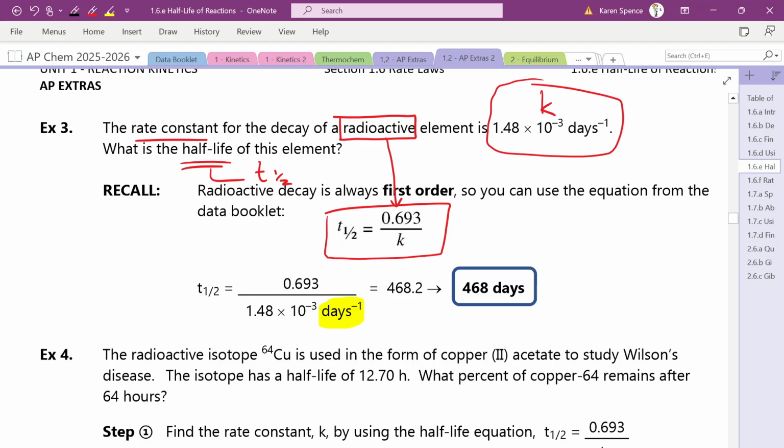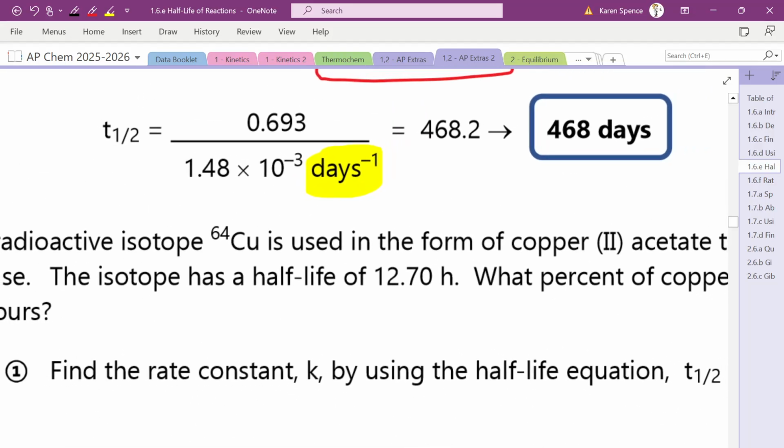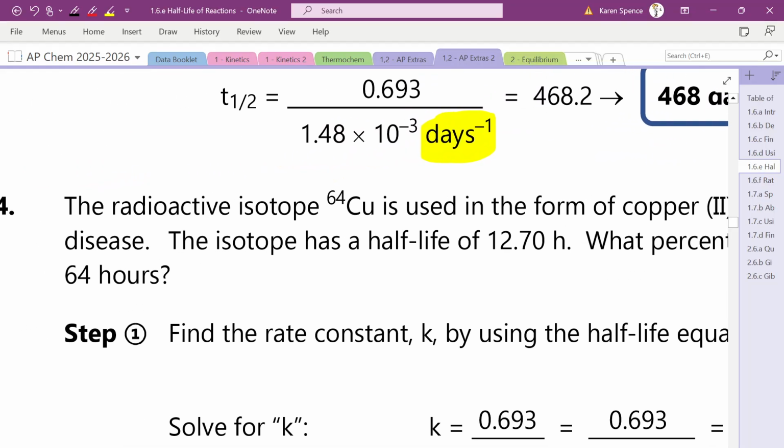Example number 4. The radioactive isotope, copper-64, is used in the form of copper 2 acetate to study Wilson's disease. I imagine that none of that is relevant to this question.